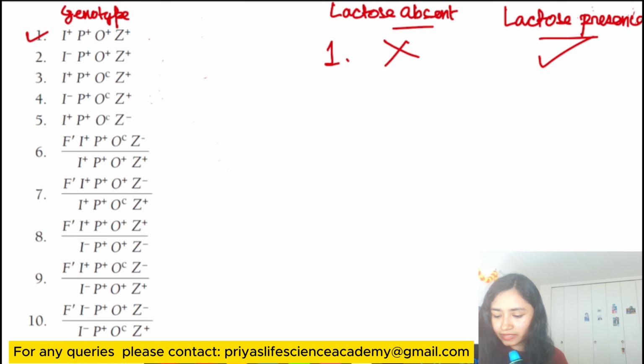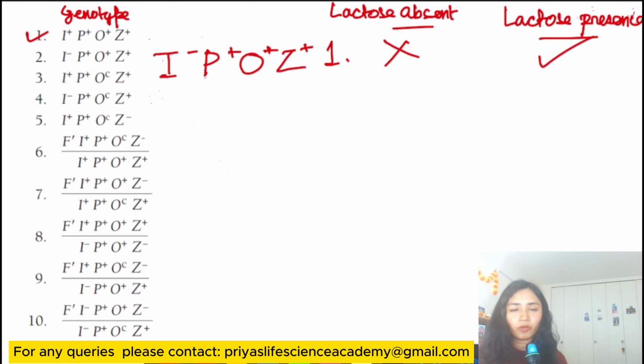Next problem: I minus, P plus, O plus, Z plus. I hope you remember, I minus produces a non-functional repressor. The repressor doesn't have the ability to bind with the operator region.